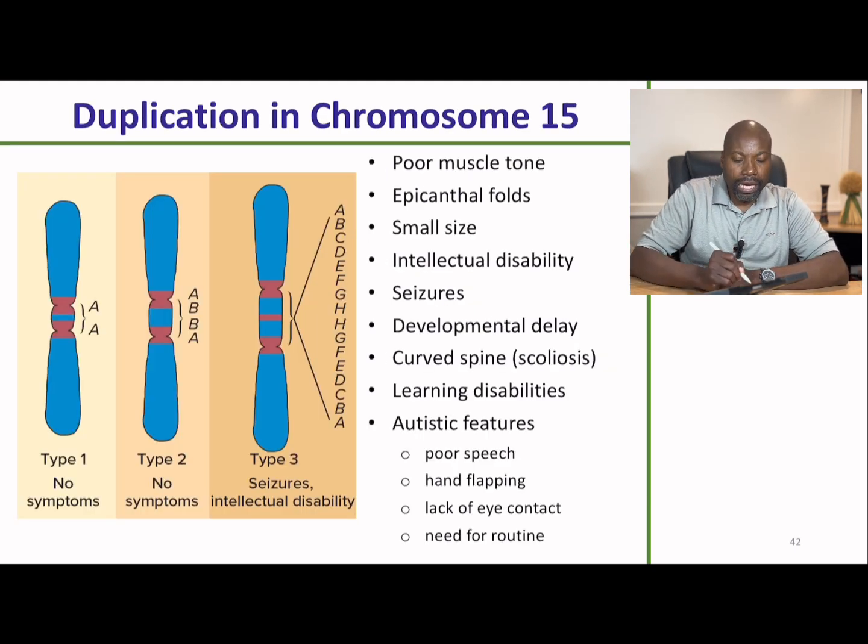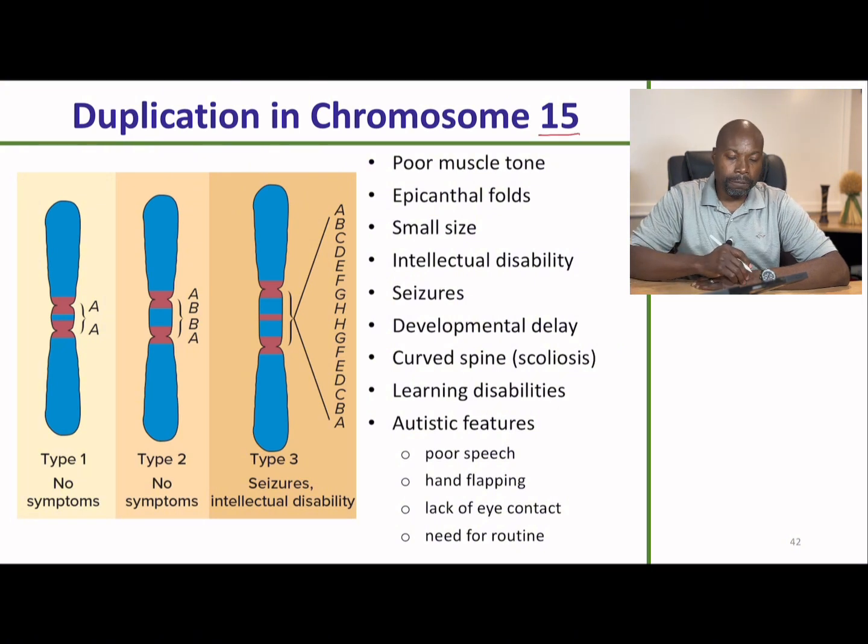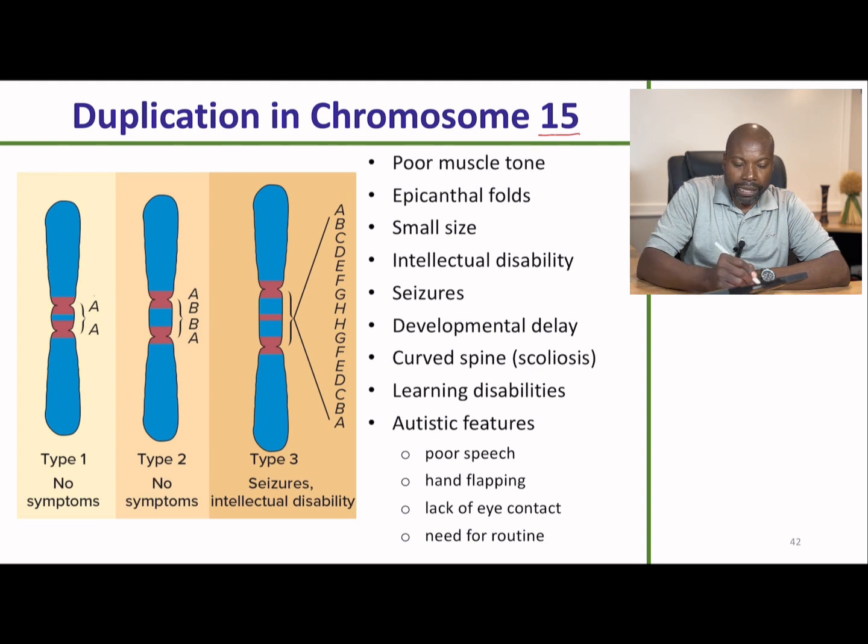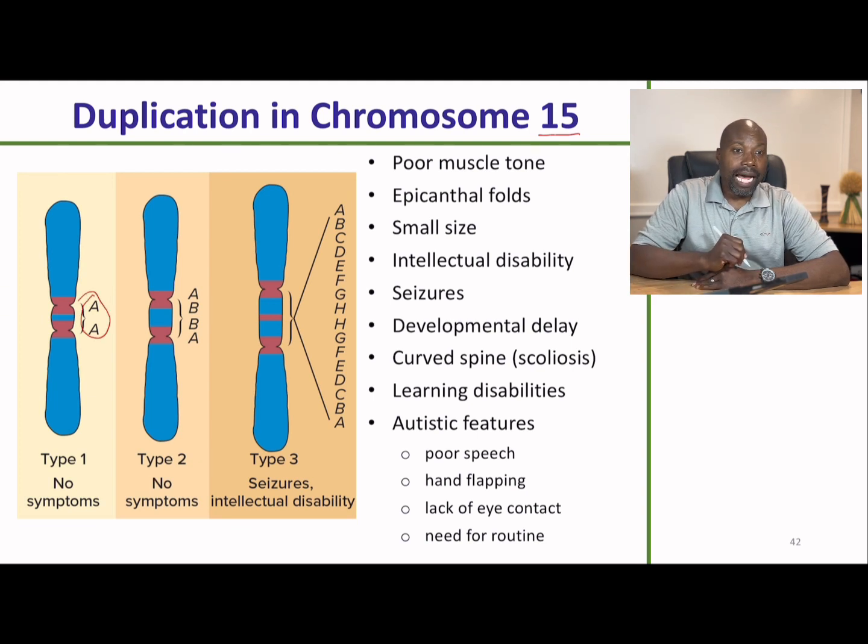Okay? So we have, for instance, the example of a duplication that occurs in chromosome 15. In that duplication, if we have a duplication here that happens once, okay, we have no symptoms, so no big deal.